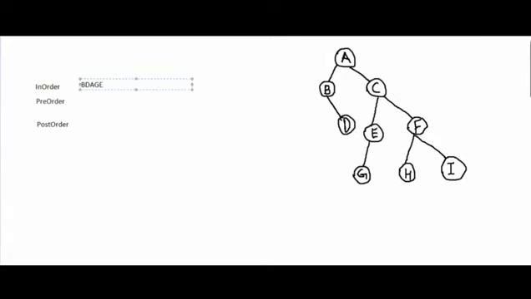So we will move back up to C, which was the root node for E and F. This is the left part of C, and this is the right part of C. We are done with the left part of C, root node E and G. So now we can write the root here, that is C.